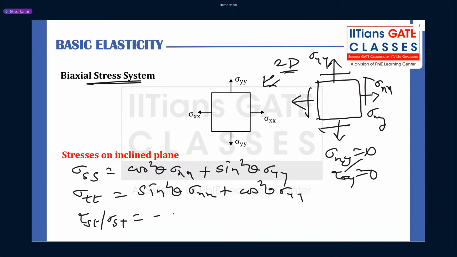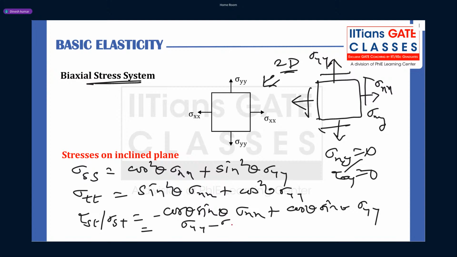It will be minus cos theta sin theta sigma xx plus cos theta sin theta sigma yy, or you can write it as sigma yy minus sigma xx by 2 into sin 2 theta.